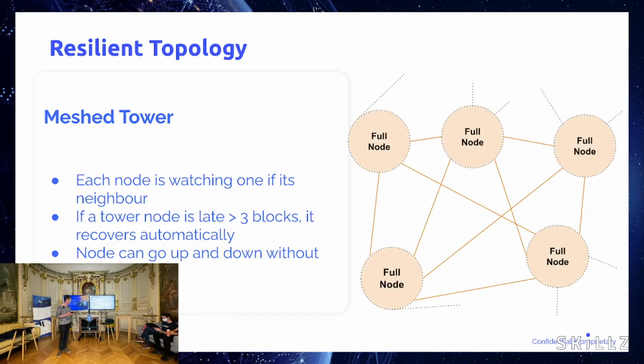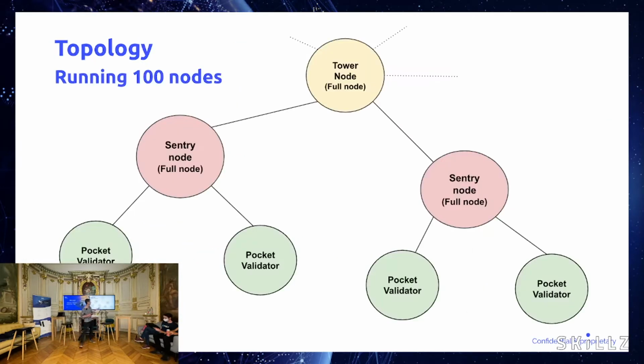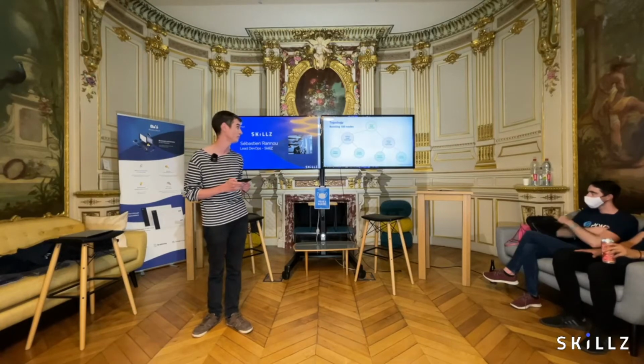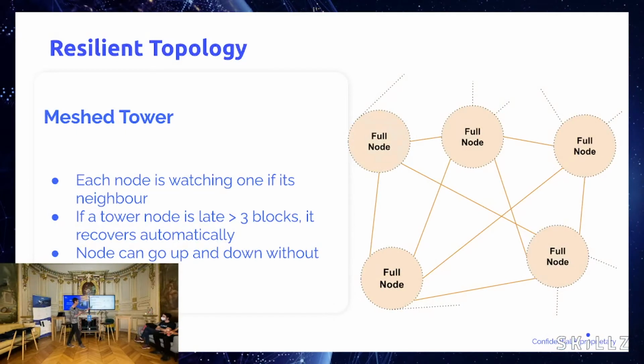I'm going to talk a bit more about this part, this full node, which has to be very reliable. As I said, it's kind of like a highway on the network. And if this thing goes down for a big node runner, then connectivity of the entire network may be impacted. So it has to be very robust. And usually what we do, so this is what we do at SkillZ, our tower is actually 5 nodes, which are interconnected together.